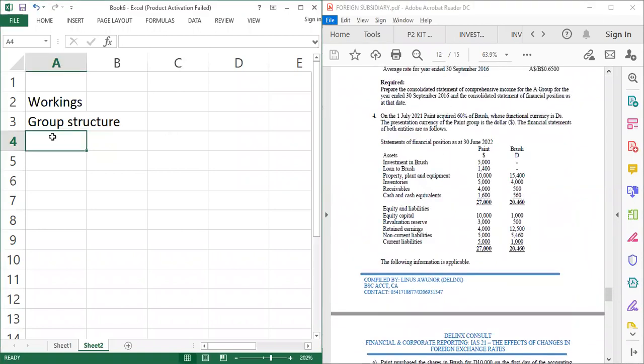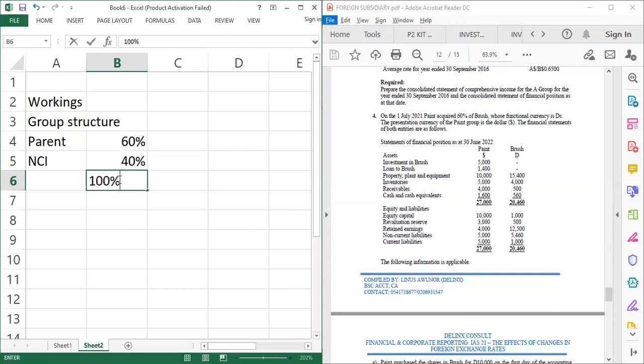So the parent is having 60%, and NCI is 40%. The total gives us 100. So you tell us about the group structure.